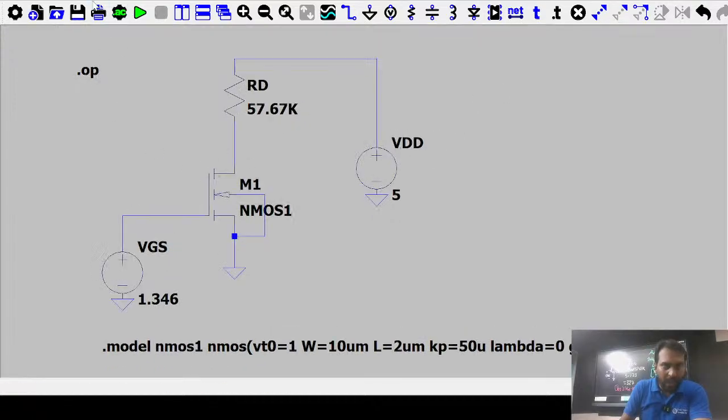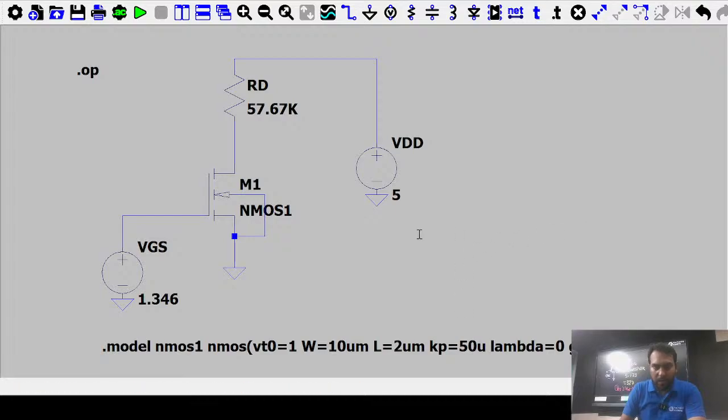And I am going to View and SPICE output log. In the SPICE output log, it is not providing. Okay, this is happening here, so I just copy it, Control C, and I am trying to place it here and check it.